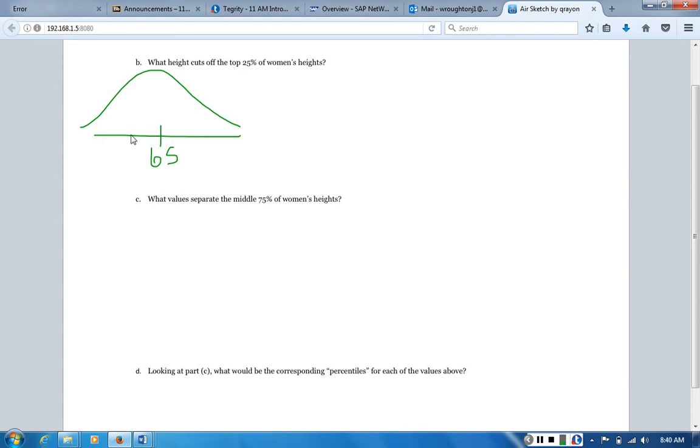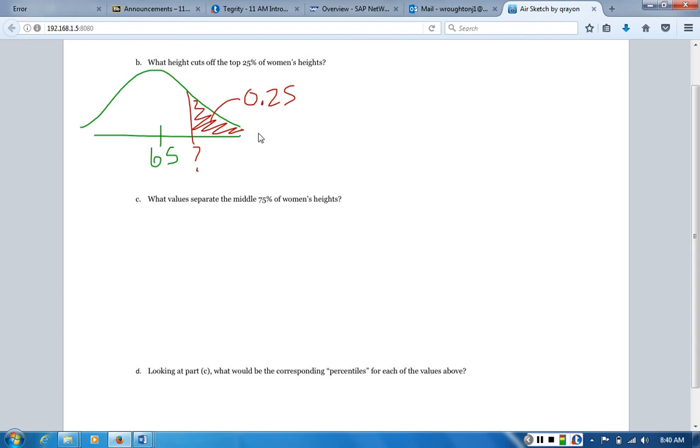So top makes me think right-hand side. So 65 would be the top 50%, right? Because 50% is above 65. So the top 25% would have to be shifted over above that. So this time we want this to be 25%. Our goal is to find that number.